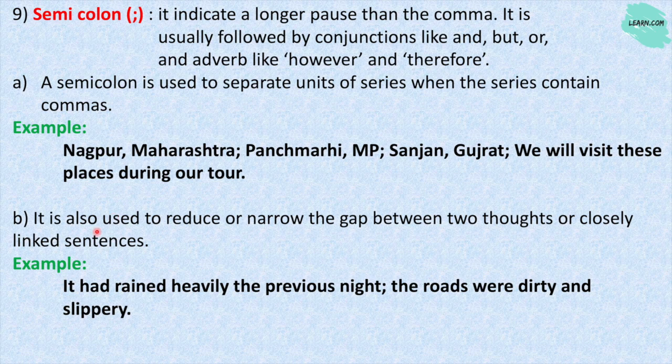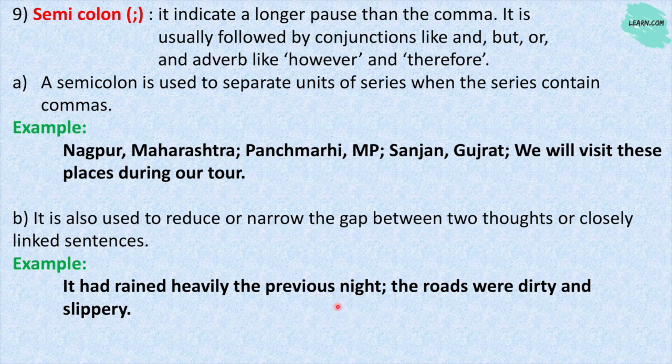Next one is it is also used to reduce or narrow the gap between two thoughts or closely linked sentences. When two actions or two sentences are linked closely, then we use a semicolon. It had rained heavily the previous night; the roads were dirty and slippery. Both are interconnected.